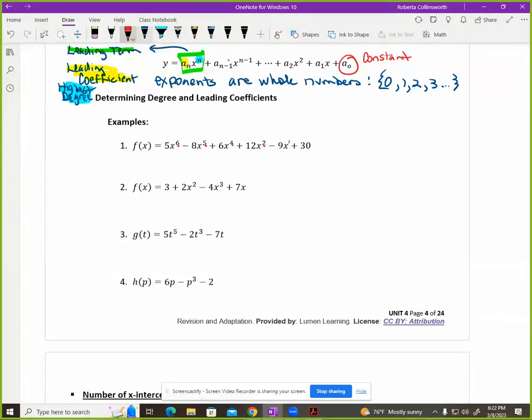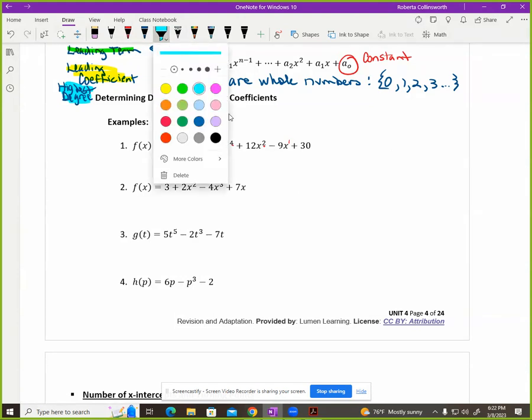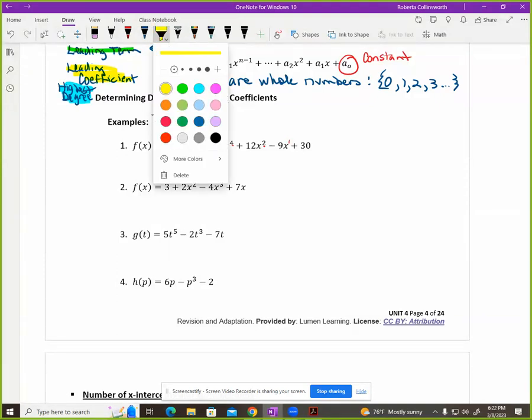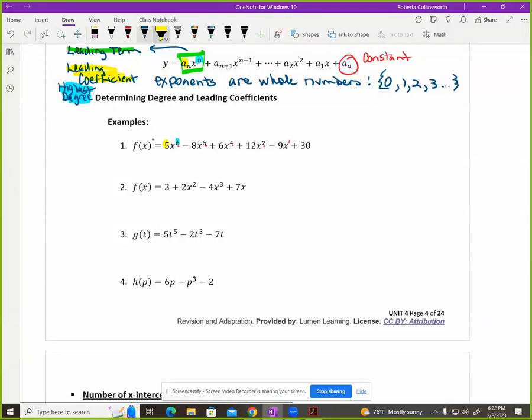Once I have that, I know that, oopsie, here's my degree, here's my leading coefficient, and that's my leading term. So I don't even look at any of the other stuff. You can tell a whole bunch about a function just by looking at its leading term.